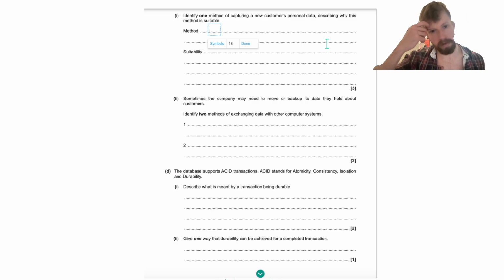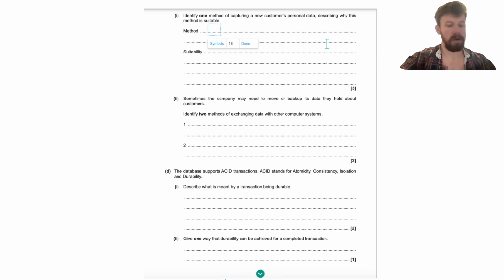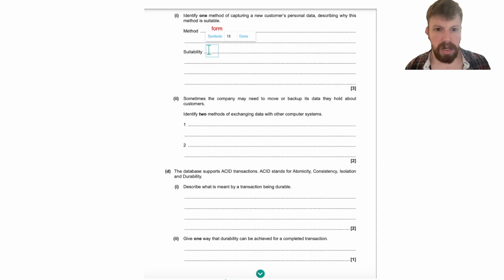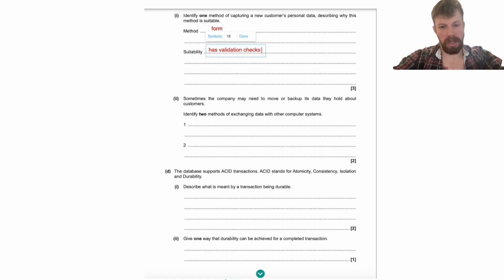So with the method up here, for capturing a new customer's information, we're going to put a web form, or just a form will be fine. And it says suitability here. Now, this one has validation checks that will make sure that the data entered is reasonable.